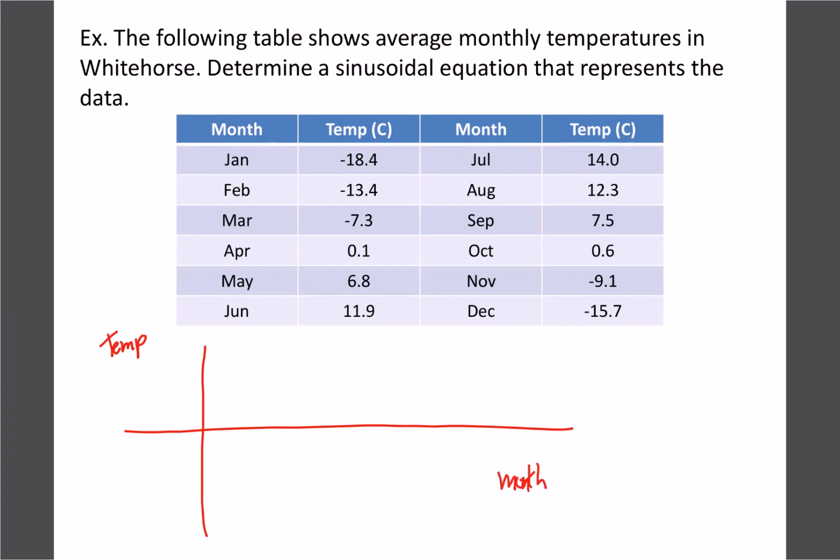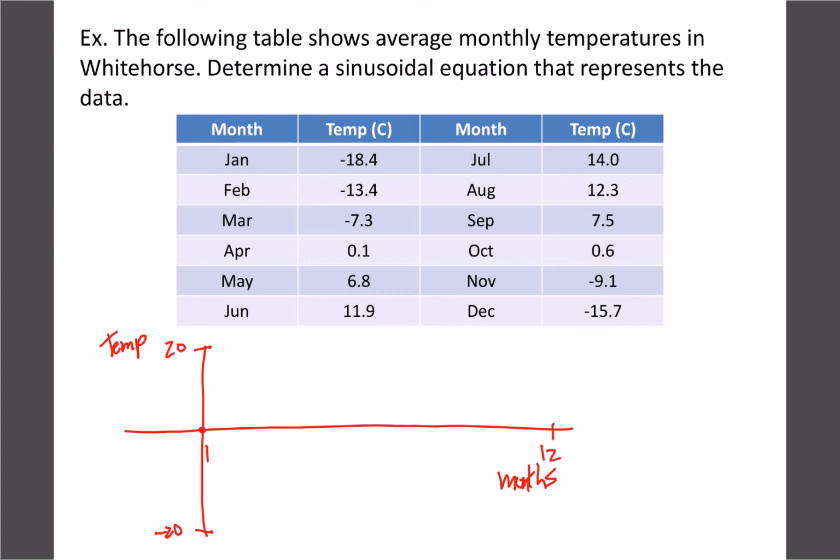Our temperature in Celsius goes from negative 18, so let's put about negative 20, up to a maximum of about 14. So we can go from 20 to 20, which would be a good scale. And we would do our months from month 1 up to month 12.